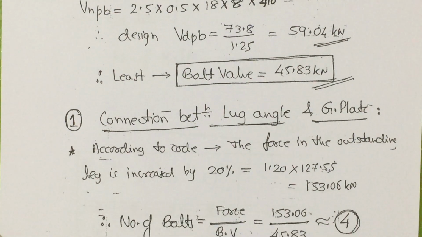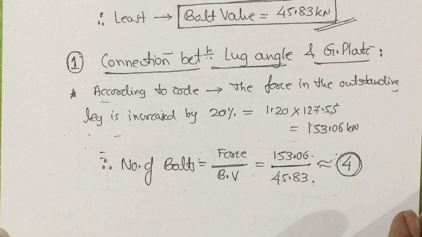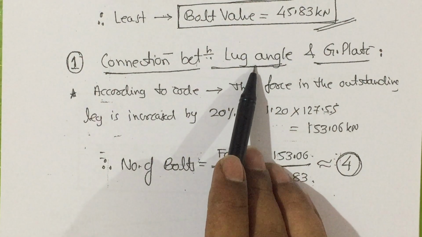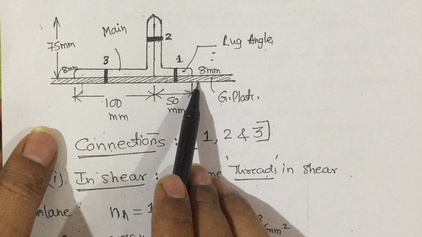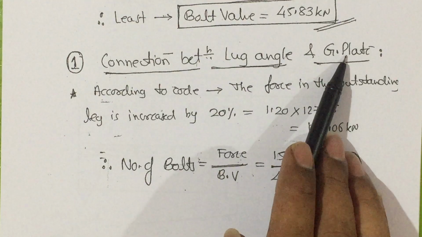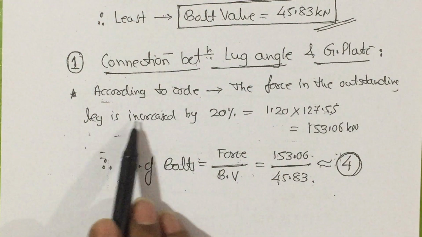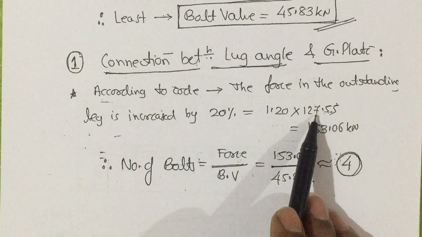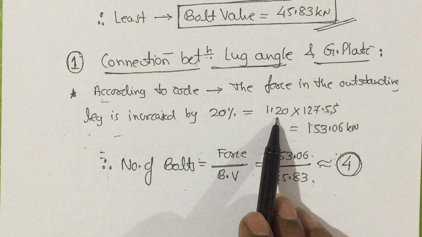Then once we calculated the bolt value, we will go for the bolted connection, the first one. First one is between lug angle and the gusset plate. According to the code, the force in the outstanding leg should be increased by 20%. So, the outstanding leg load carried is 127.55.